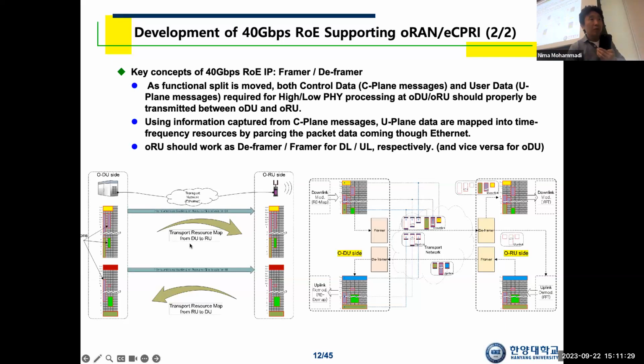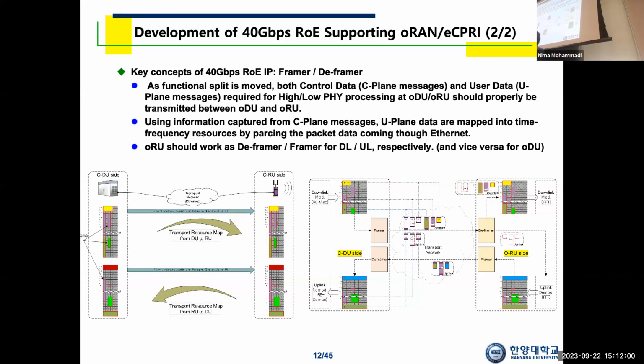Now, so my ODU emulator here, my ORU emulator here for downlink and uplink. Now, for downlink, my ODU works as a framer. When I say framer, it means OFDM sample values are mapped into corresponding packets. That procedure is denoted as framing.